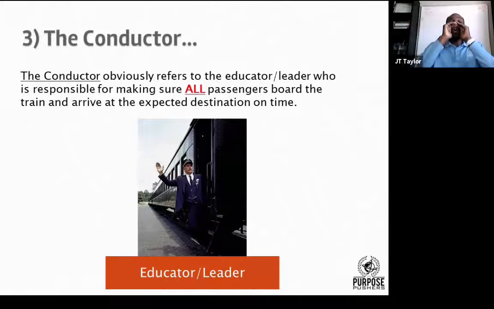He says, "All aboard." And what he is saying is, everybody has to come on board. I'm not going to leave until everyone's on board. Once I make this call, I'm ensuring that no passenger is left behind. This is what it means to be a relational teacher. You understand the train, you understand the tracks, and you understand the role of the conductor.